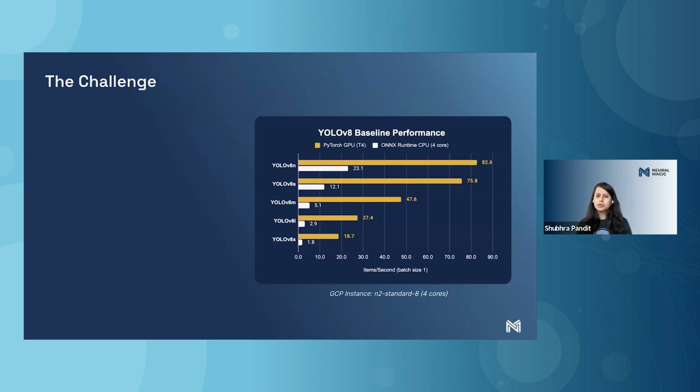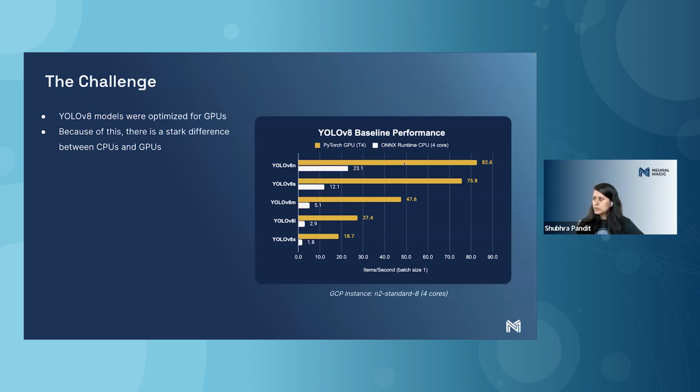So with all that's going for YOLOv8, what really is the pain point? As we can see here in the chart, these models have mainly been optimized for GPUs and perform really well on GPUs. The yellow bars here represent their runtime on GPUs. Sorry, this is the throughput, so the higher number is better.